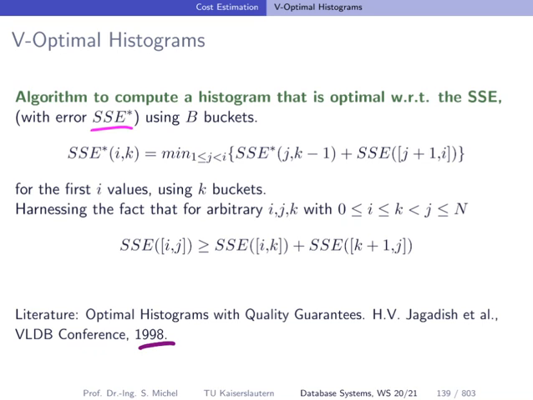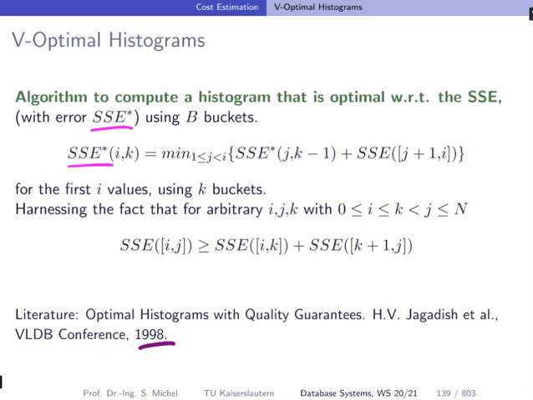We will see the algorithm later on how to compute the minimum sum squared error, but this is important to remember now. SSE star is the smallest SSE achievable by a histogram, looking at the first I values and using K buckets.